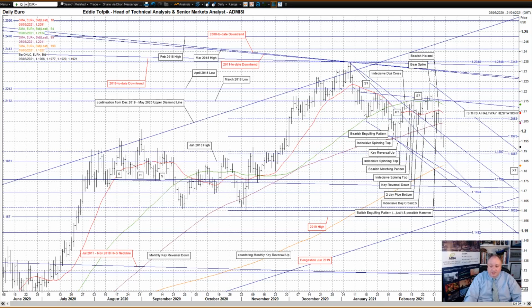Looking at the bigger picture though, the idea of a reverse head and shoulders bottom has now been retired. However, the action caused over that time making a head and shoulders pattern might look like a possible bearish halfway hesitation. It is way too early to fully contemplate it, but it is appropriate to mention it and also possibly give a target area in the 118.05 region, but with a big question mark with it.